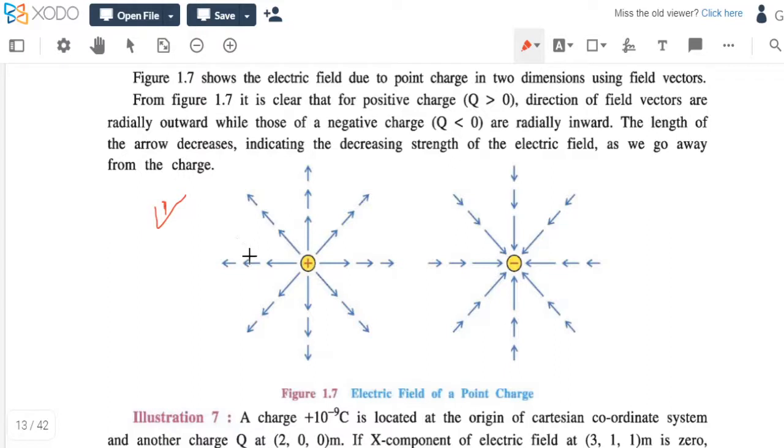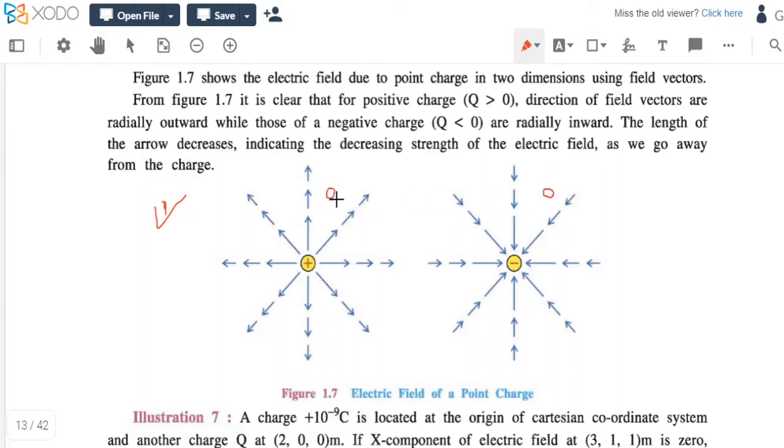The arrows will be in the outward direction, and for the electric field of a negative point charge, the arrows will be inward. The reason is that whenever we want to find the electric field, we assume a unit positive charge in both cases.